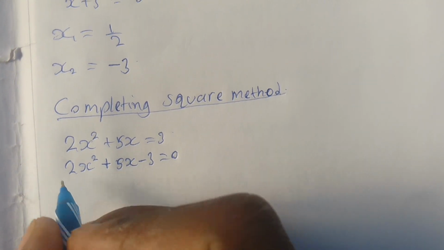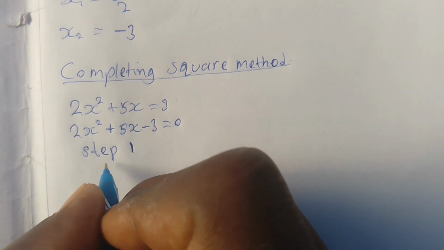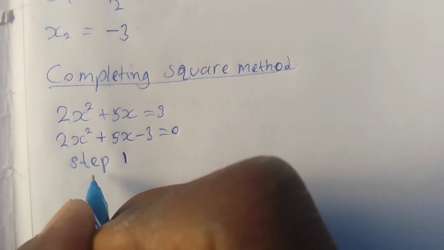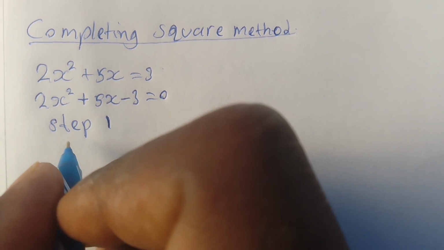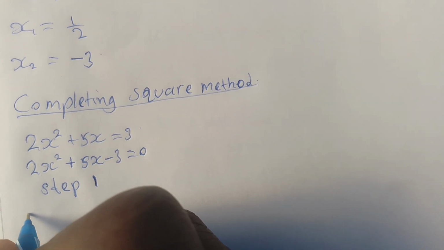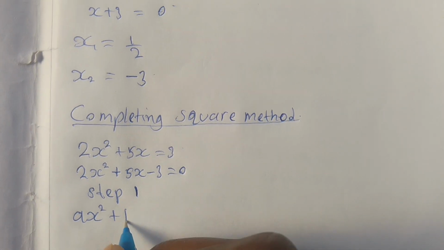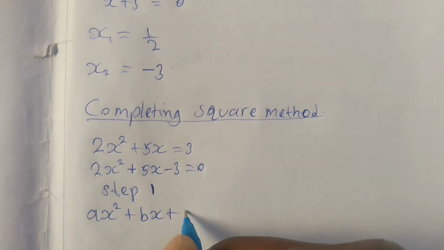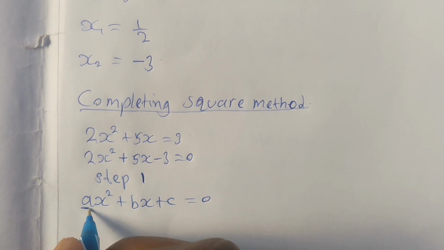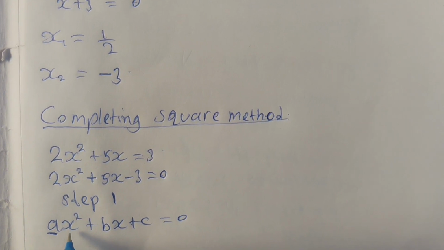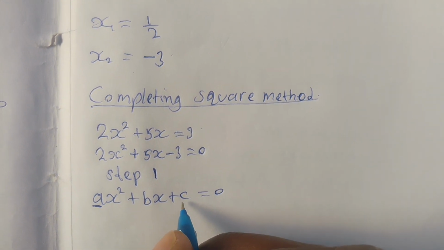So first, step 1: look for the coefficient of x raised to power 2. Our quadratic equation is always in the form of ax squared plus bx plus c is equal to 0. So a is the coefficient of x raised to power 2, b is the coefficient of x, and c is the constant.